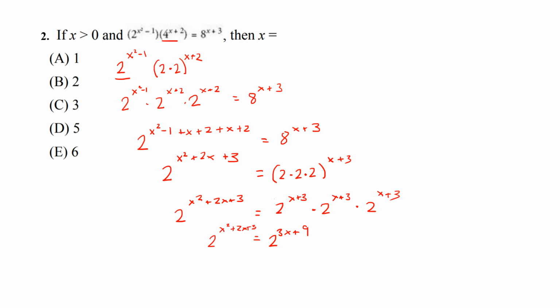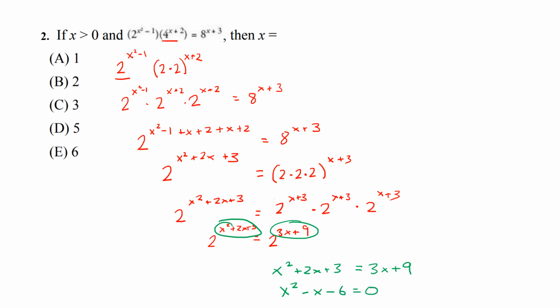Now that we have these equal to each other, we know that this term has to equal this term. So we can set that equal to each other now. X squared plus 2x plus 3 equals 3x plus 9. And now we can just solve for x. So this is the same thing as saying x squared minus x minus 6 equals 0.